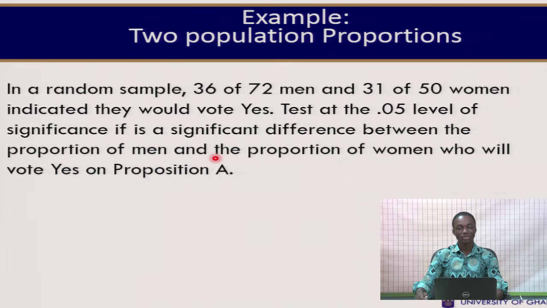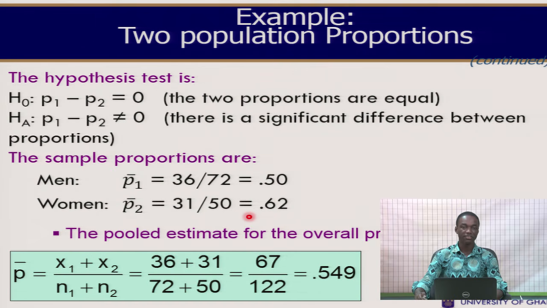Because we've only indicated that there should be a difference, and we don't know whether that of men is more than that of women or vice versa, it means that we are having a two-tailed situation where we would make a claim that P1 minus P2 is not equal to 0 for the alternate hypothesis, and then the null being P1 minus P2 equal to 0, or P1 equals P2.